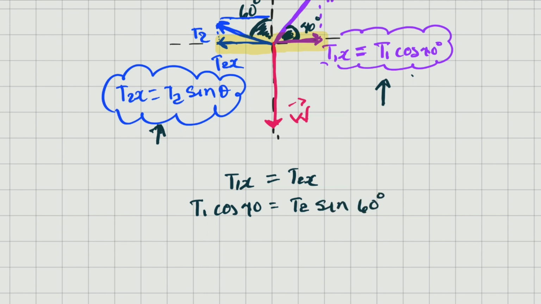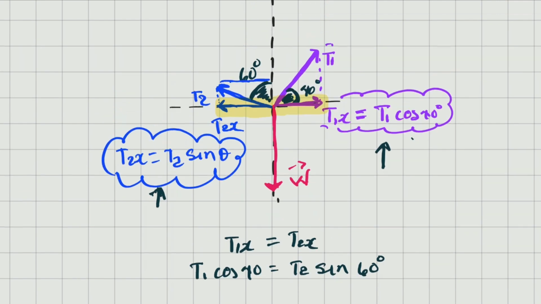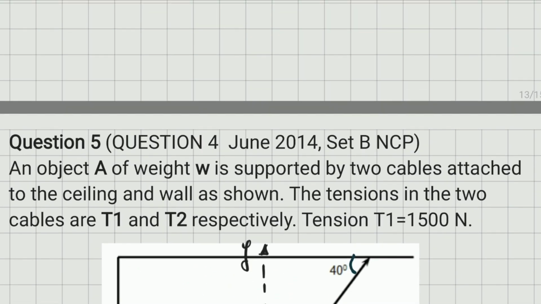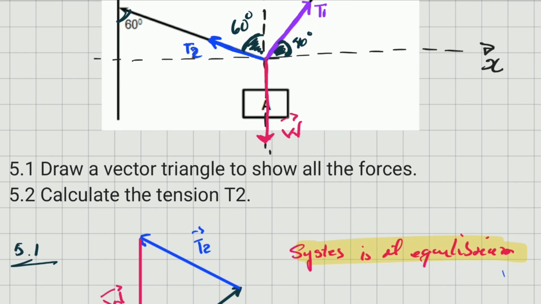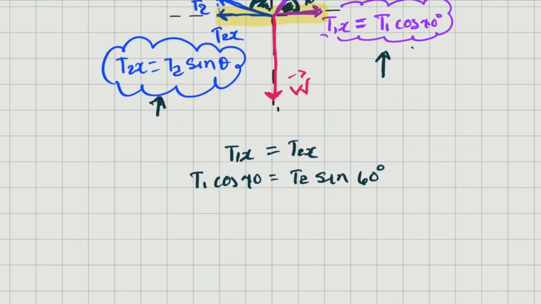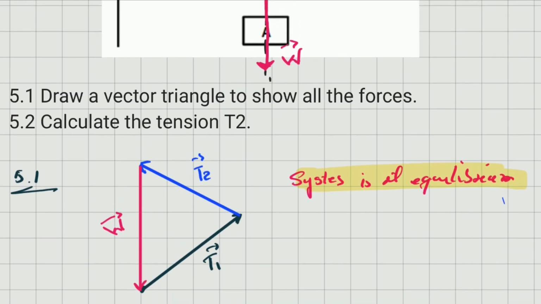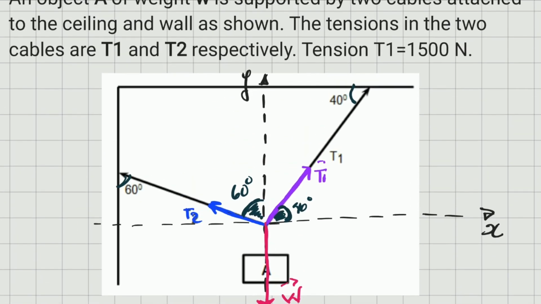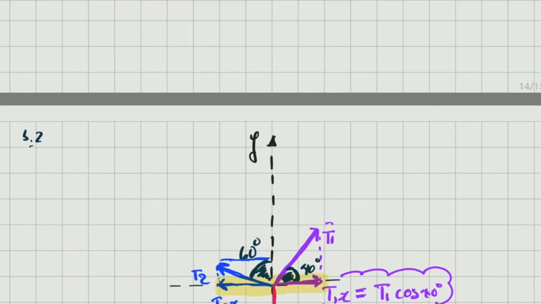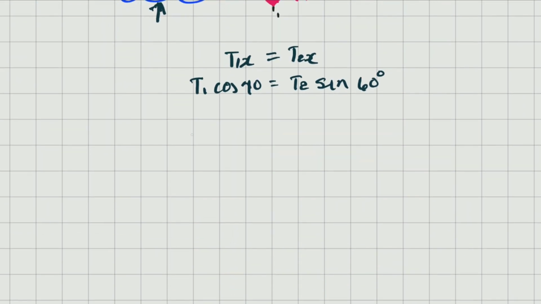Now, looking at the question, it asks us to calculate T2. We do have T1, so we substitute. T1 is equal to 1,500. So 1,500 multiplied by cosine of 40 equals T2 multiplied by sine 60 degrees, and we are done.